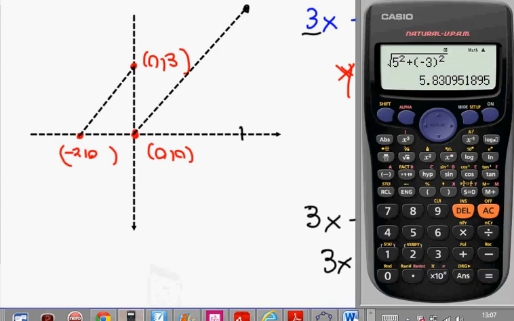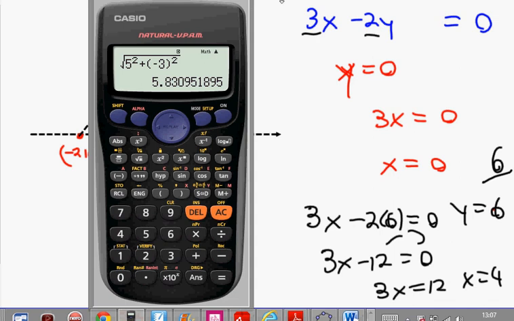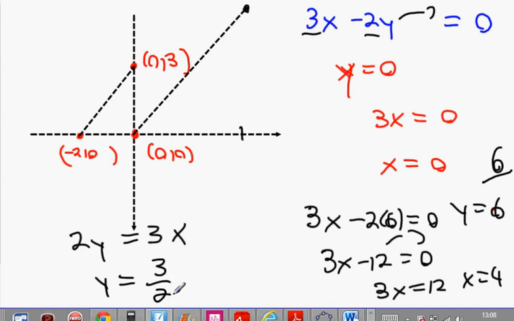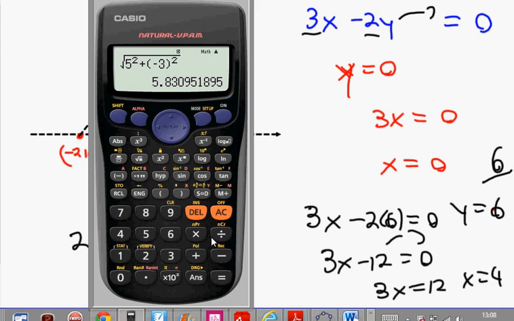If we rearrange to get y on its own, we end up with 2y equals 3x, and then divide by 2, so y is 3 over 2 x. Then you can use your f of x function if you want.